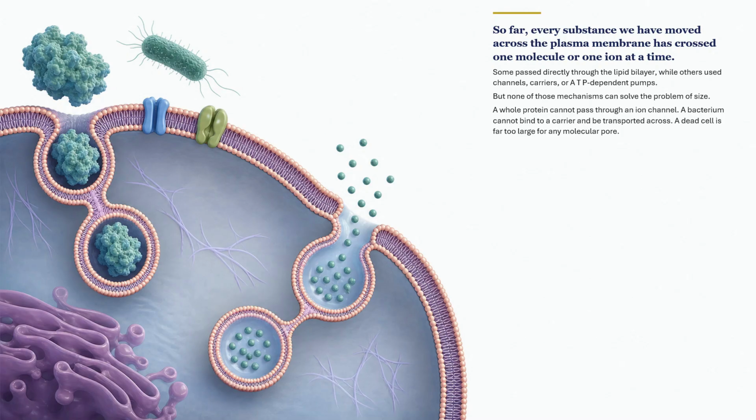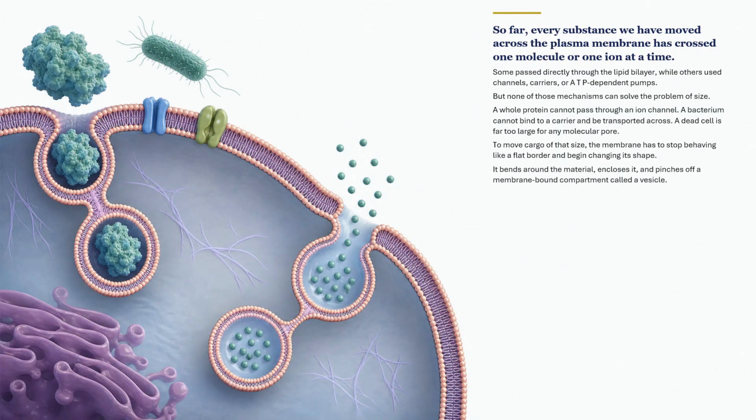To move cargo of that size, the membrane has to stop behaving like a flat border and begin changing its shape. It bends around the material, encloses it, and pinches off a membrane-bound compartment called a vesicle. This is bulk transport. When the plasma membrane bends inward and brings material into the cell, the process is called endocytosis.